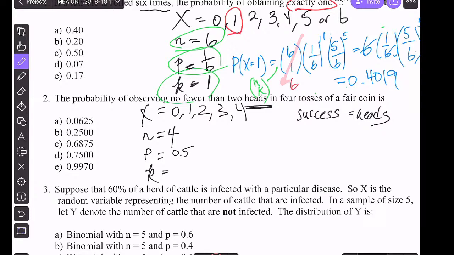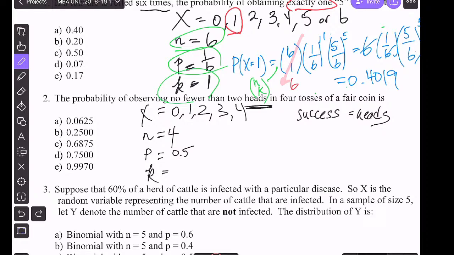So this should feel familiar because we already did this one. We already set up this random variable. But the question is regarding no fewer than 2 heads. So what would represent no fewer than 2 heads? No fewer than 2.